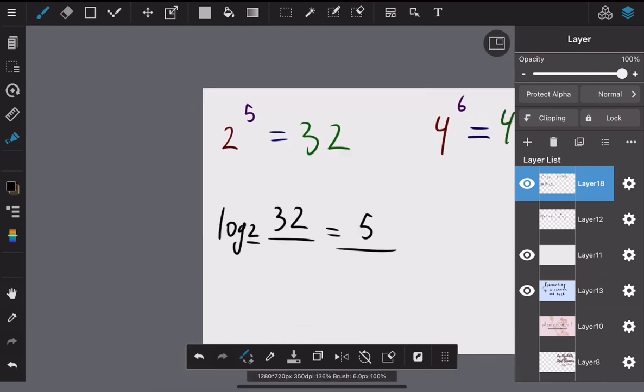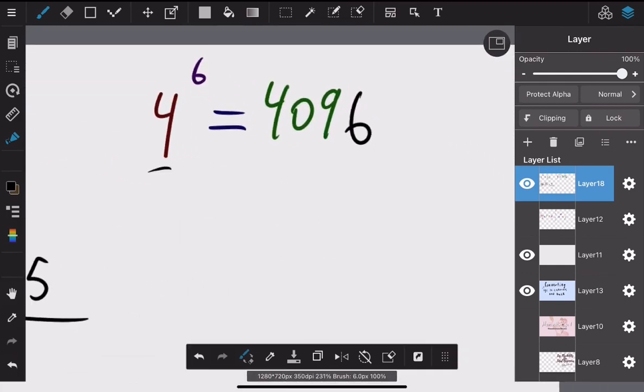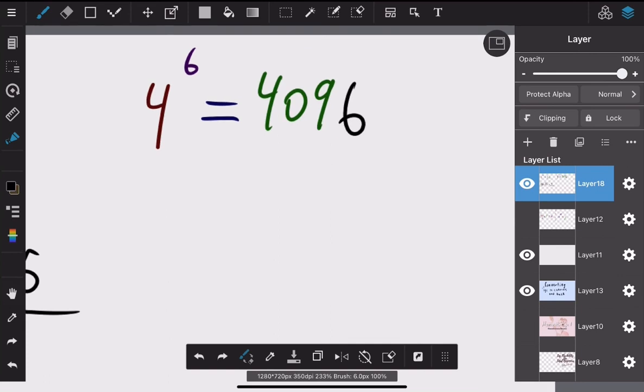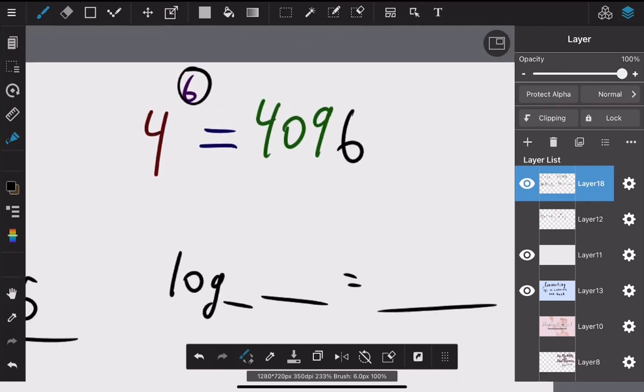We'll do one more example and then you'll be free. We have 4 to the 6th power equals 4096. So let's set up a blank equation, log to the blank base of blank equals something. So first we know that the log equals the exponent, so this blank is the exponent, and that means that this exponent over here, 6, is going to get moved over here.